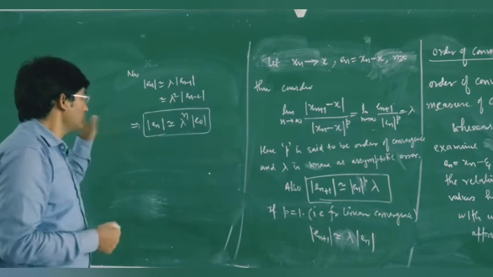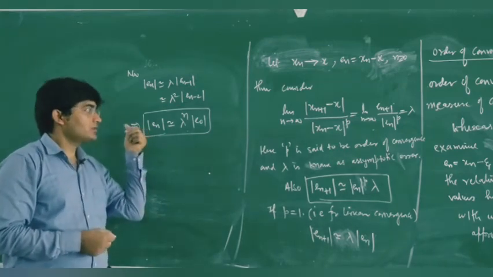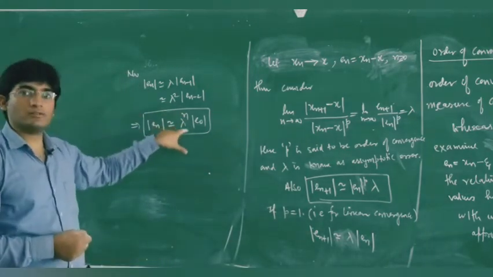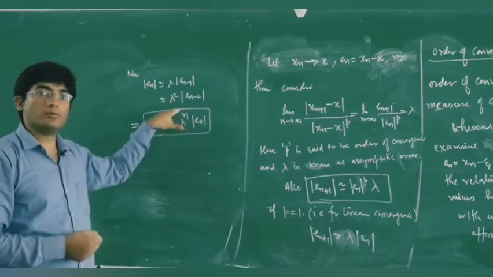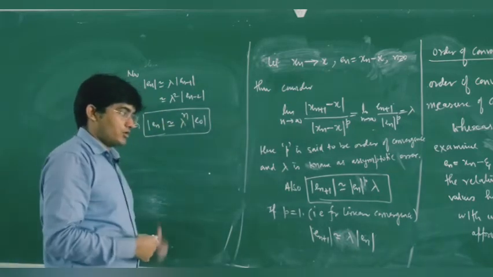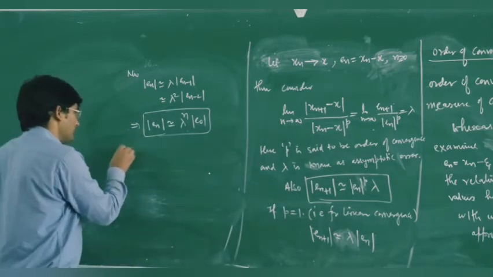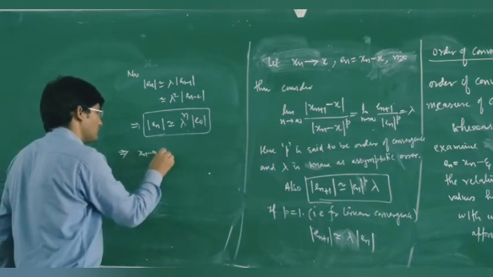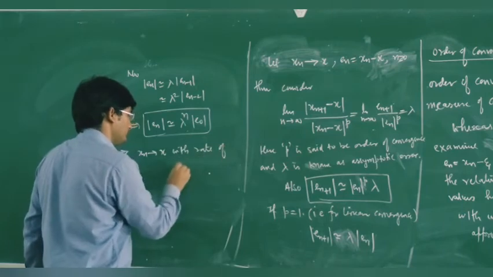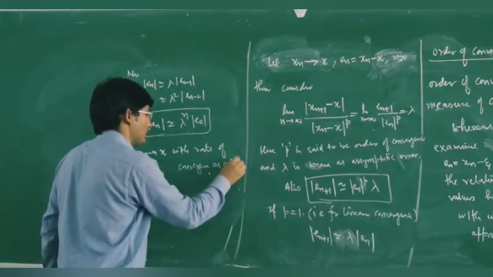So here we can say that the sequence xn is converging to x with rate of convergence of lambda power n. So for linear convergence, xn converges to x with rate of convergence of order lambda power n.